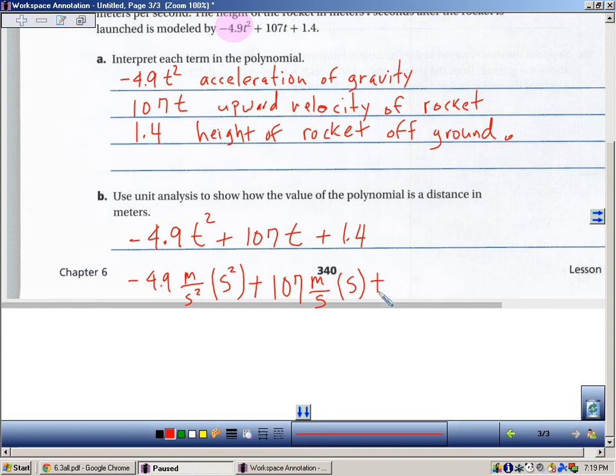And finally, the height of the rocket on the platform is 1.4 meters. That's fine. And so by reducing, you can see that the seconds squared cancel, the seconds here cancel, and when you do all the work, you're left with an answer that has a unit measurement of meters.